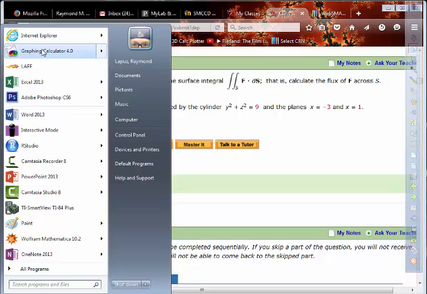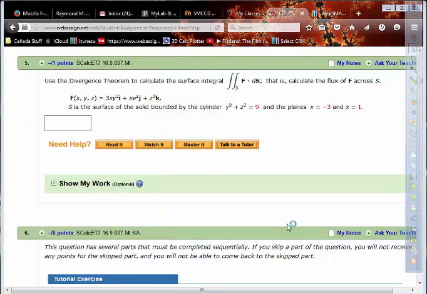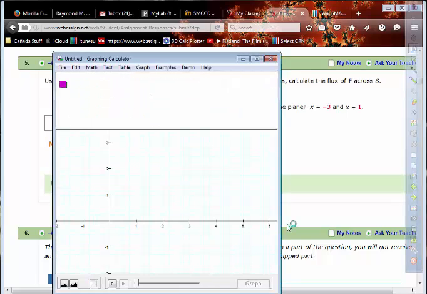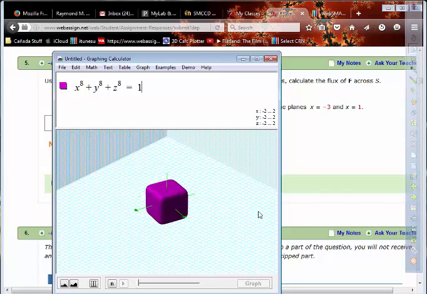I'm going to use my easier plotter. Not really a sphere.